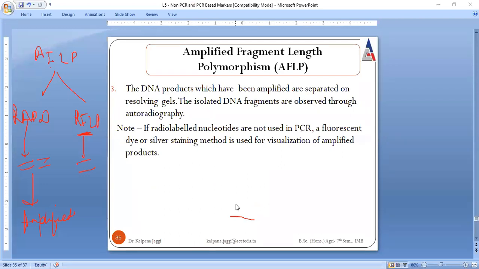And the third step is the amplified products will be transferred to the gel. Gel is a kind of agarose gel and it will be subjected to electrophoresis. In the electrophoresis, these DNA will get separated on the basis of their size.